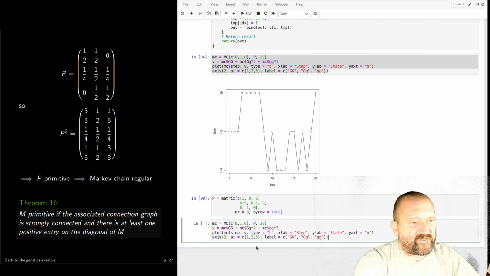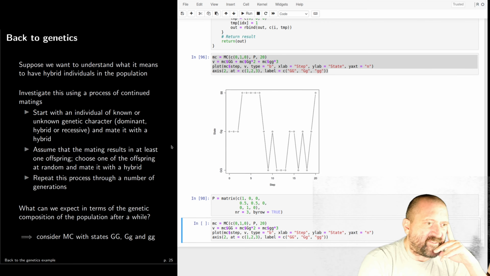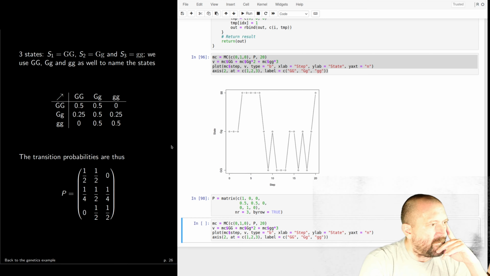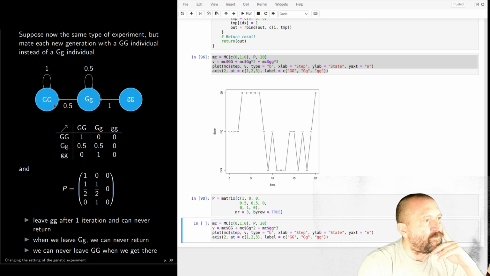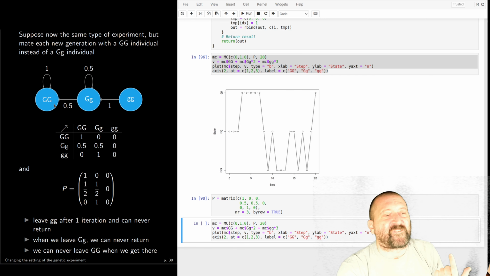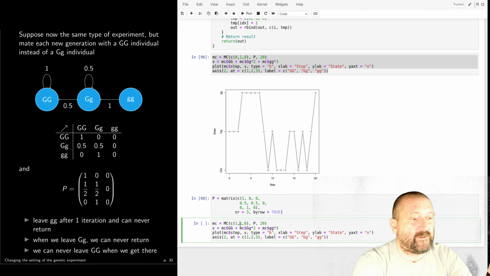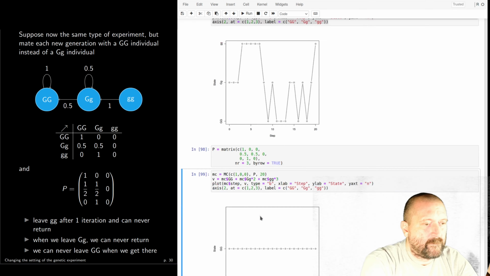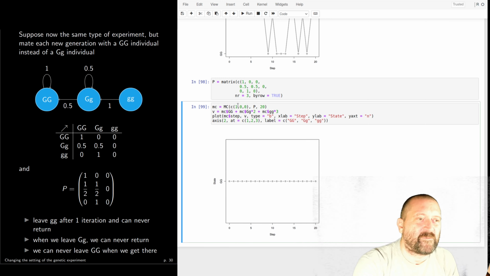So remember, this is an absorbing chain, and this one is absorbing in capital G. So I don't want to start here, because otherwise I will remain there. Let's check first. I have not changed at all. I started in the absorbing state, I remained in the absorbing state.